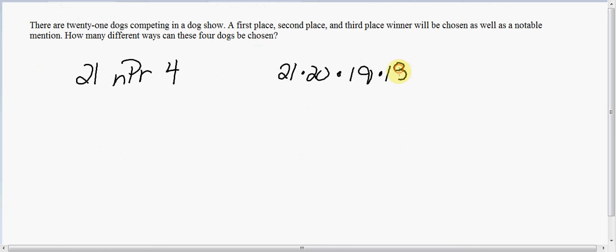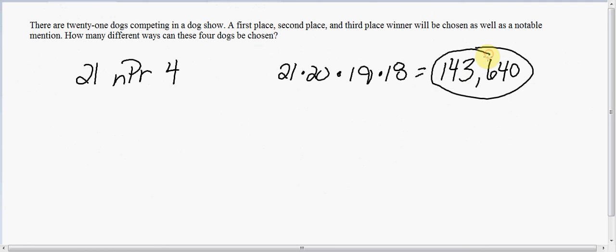We don't have to do any division because this is not a combination, it's a permutation. So we have 21 times 20 times 19 times 18. And that tells us that our final answer then is going to be 143,640 different ways that we could get the first, second, third, and notable mention from a competition having 21 dogs.